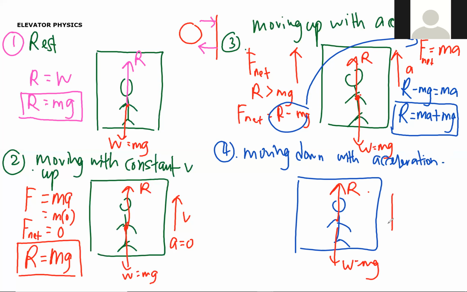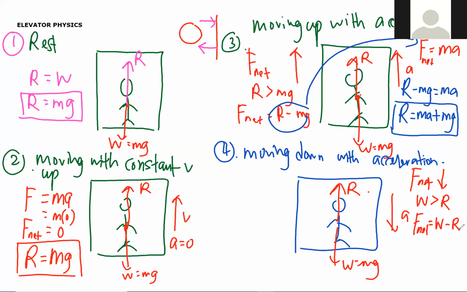Now acceleration is pointing down, so F net is acting downward. So if F net is acting downward, meaning that W, my weight, must be bigger than my reaction. So F net equals to, I take the bigger minus the smaller one, W minus R.